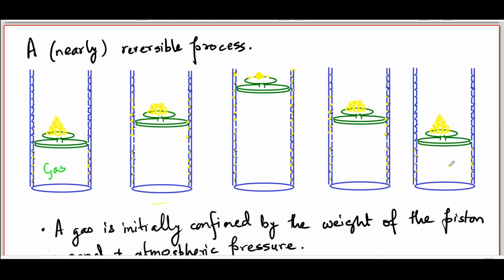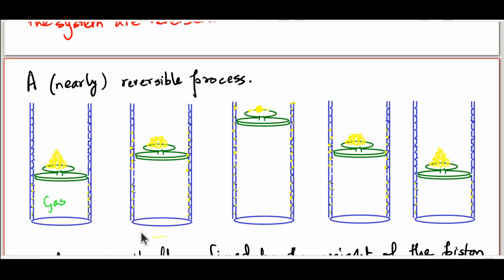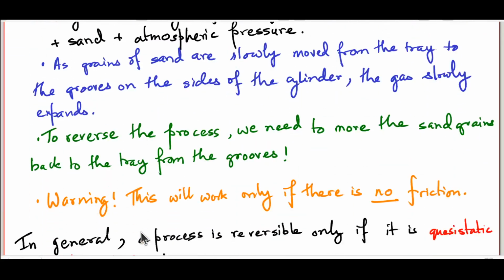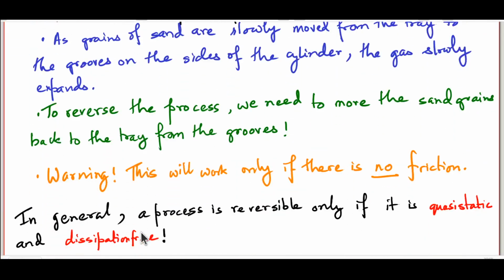So, although in the frictionless case, this kind of quasi-static approach would have given you a reversible process, in the presence of friction, you do not have a reversible process out of this. So in general, in order to be reversible, we needed quasi-staticity but also the lack of friction.